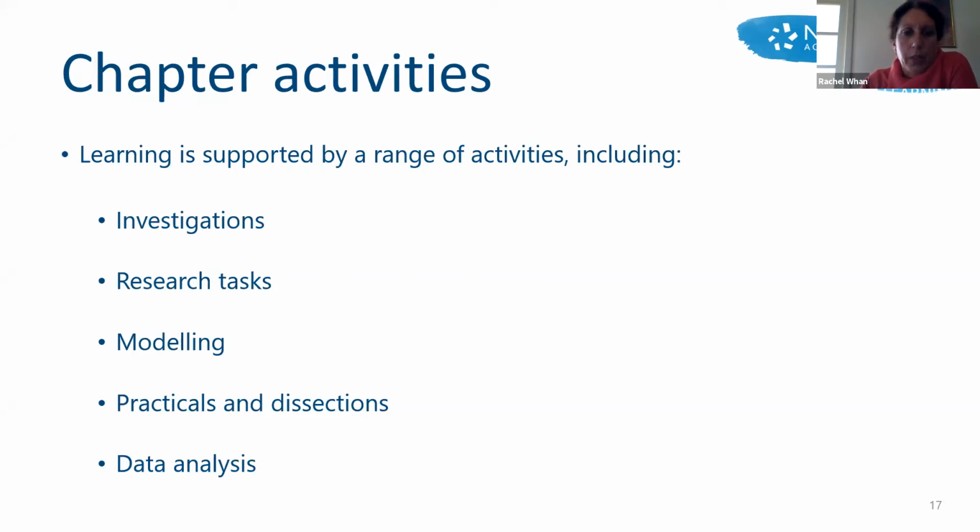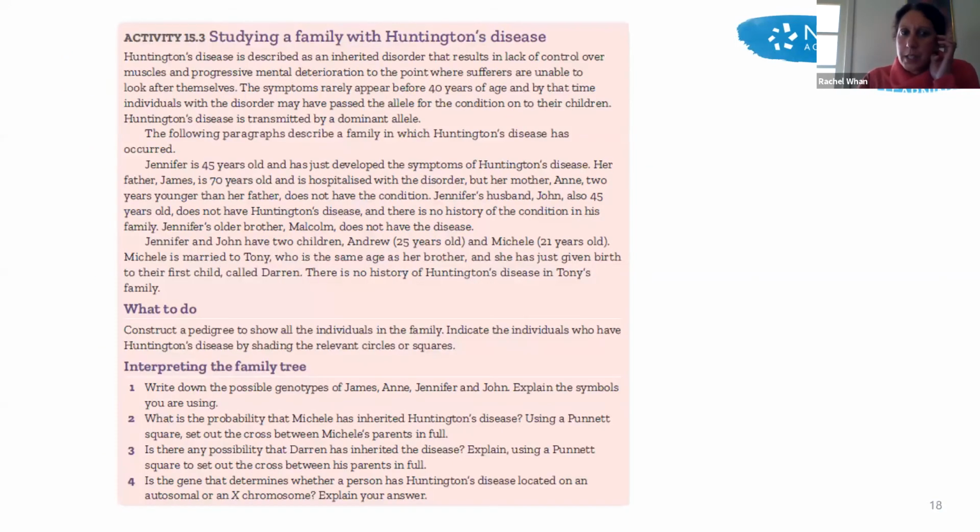So it's really important that they have as much practice of that in as many different situations that they can. So this is just one example of an activity where they're looking at where it's going to actually be applicable to, and then they're using some skills that they've learned in the chapter and then applying that to a family with Huntington's disease.